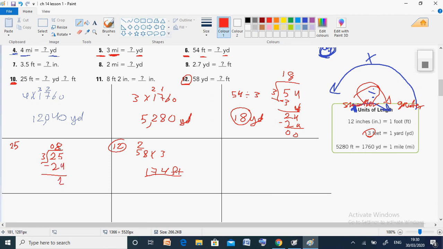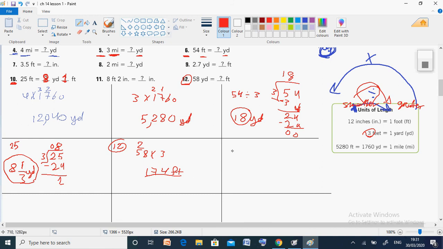So the answer here, 8 yards and 1 foot left over. You can leave it as 1 foot left over, or you can say I have 8 and 1 over 3 yards. You can choose any way you want.